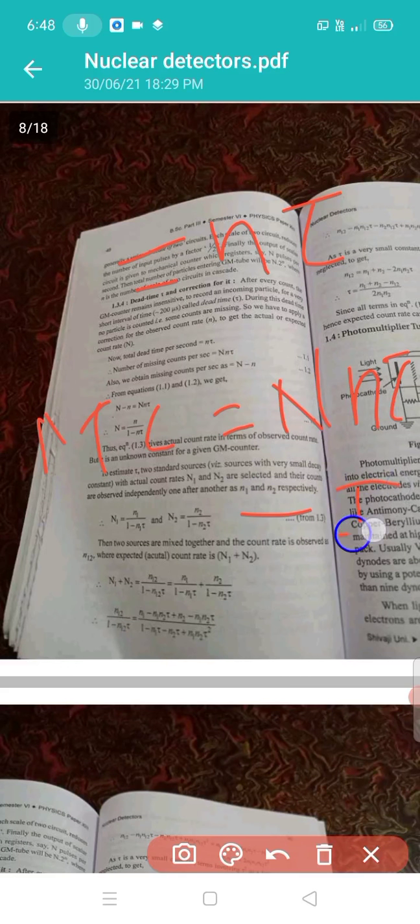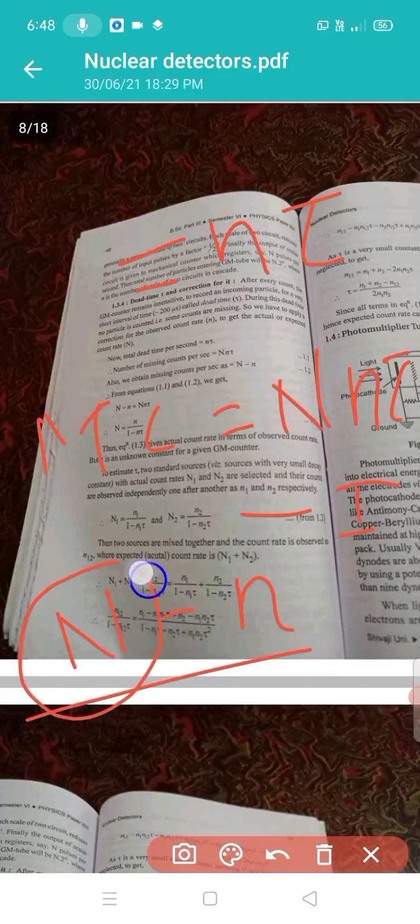Also, we obtain the missing counts per second as follows. Capital N is the expected or actual count. By subtracting the observed count from the actual count, we can get the missing counts. This is equation 2.